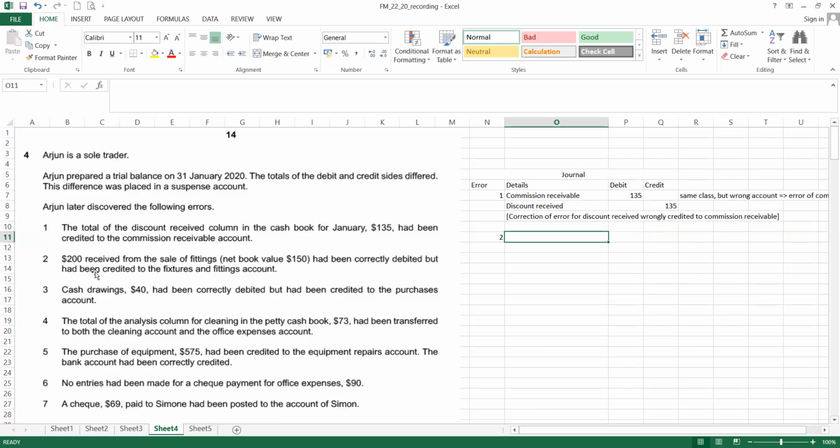Okay, 200 received. This is money received, debit bank, credit disposal account. So this double entry should be debit bank 200 and credit disposal account, which is 200. So this is money received.